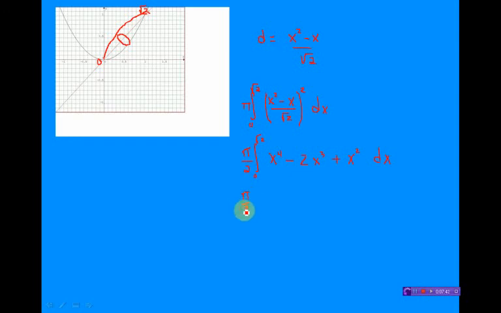Integrating this, now I have pi over 2 times the quantity x to the 5th over 5, minus 2x to the 4th over 2, which is x to the 4th over 4, plus x to the 3rd over 3, evaluated between 0 and the square root of 2.